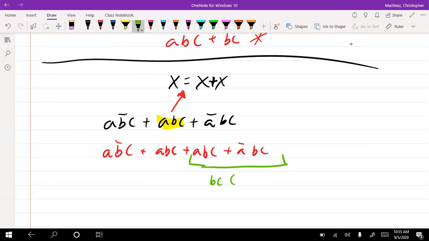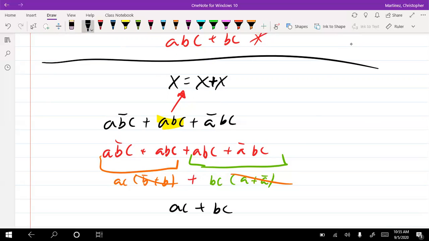That would take BC out, take A plus A bar, and then we could take the front two terms, pull out the AC, and that will leave us with B bar plus B. We know those two terms are going to go to 1, so we would get the answer of AC plus BC.